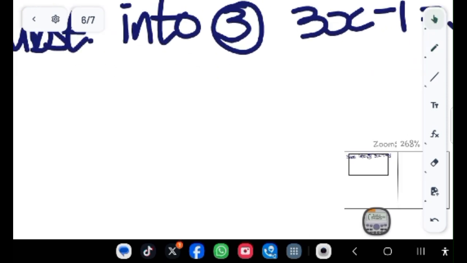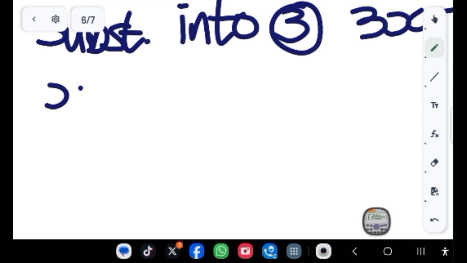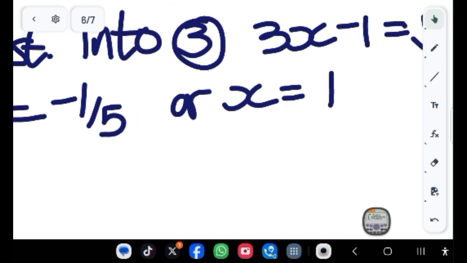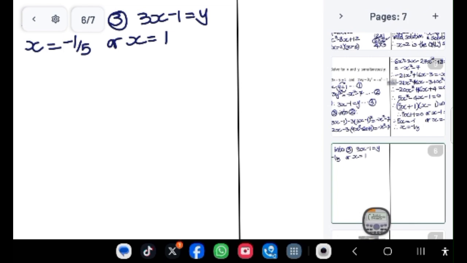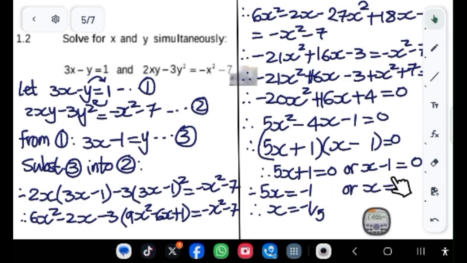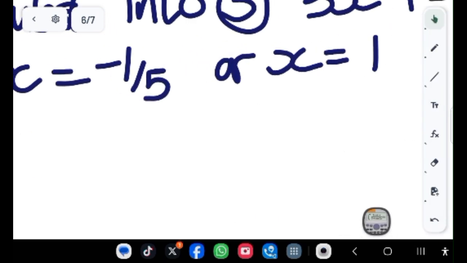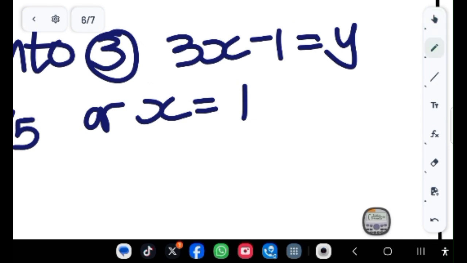What are we substituting? We've got two values: x equals negative 1 over 5 and x equals 1. That's what we're substituting back. Don't believe me? Let's go back and check. There we go. x equals 1 and x equals negative 1 over 5. Now substitute back into 3. Here is equation 3.